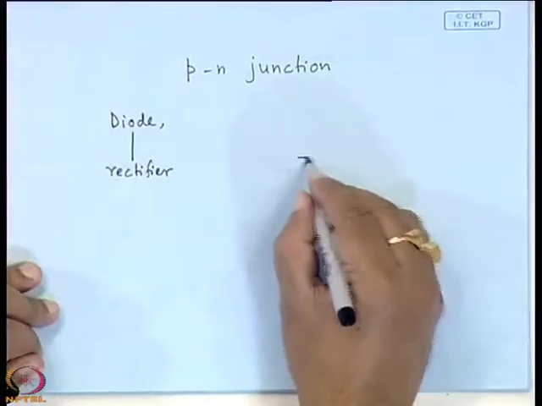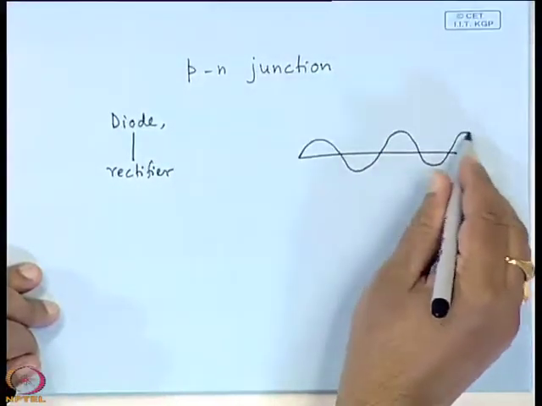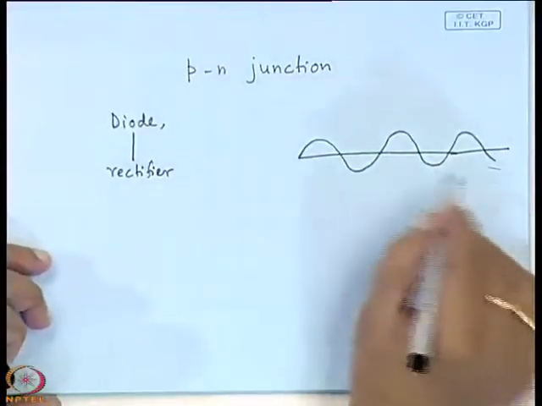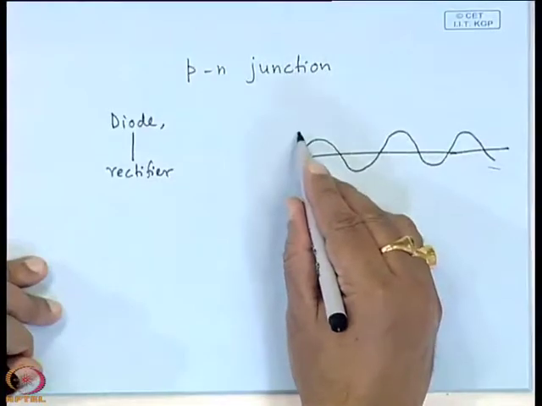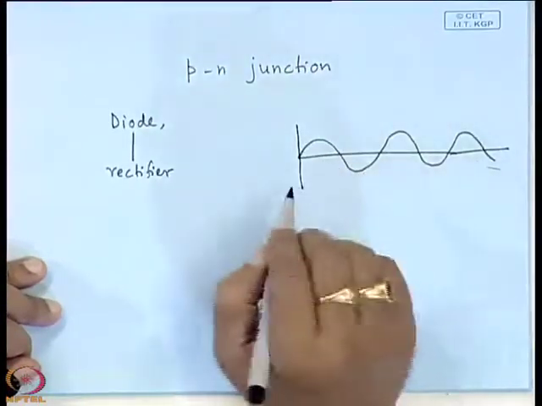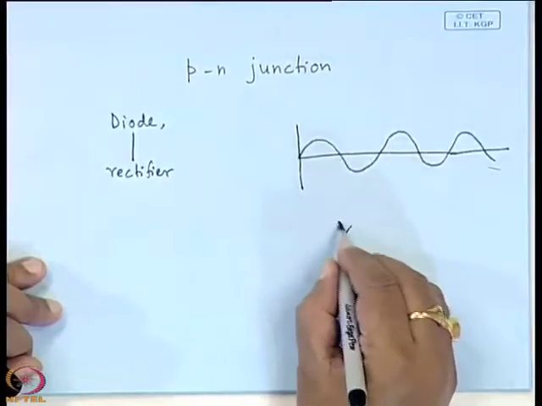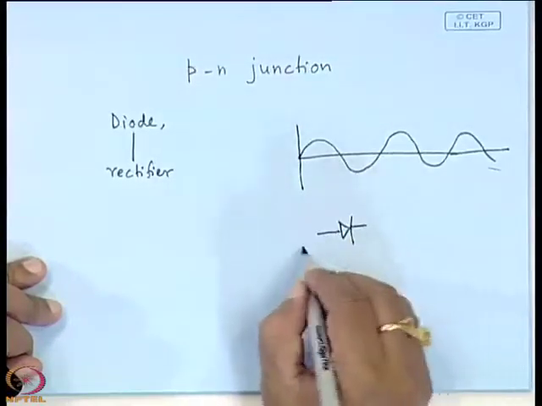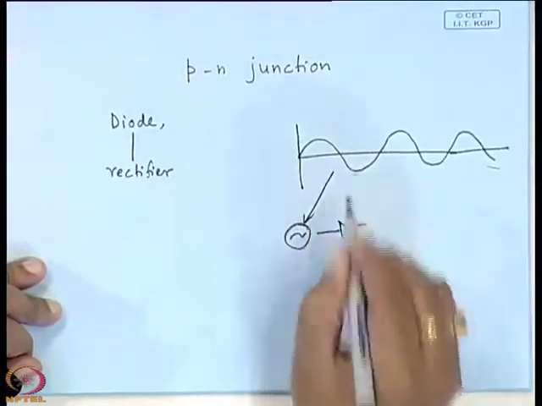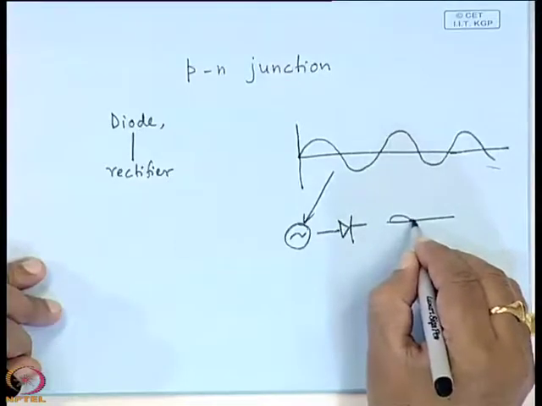Normally, what happens? Say in AC, such kind of a waveform is seen. That means on both the positive and negative directions current flows, or voltage. Then if you use a p-n junction diode and give input like this, you will get the output as this type of a pulse.